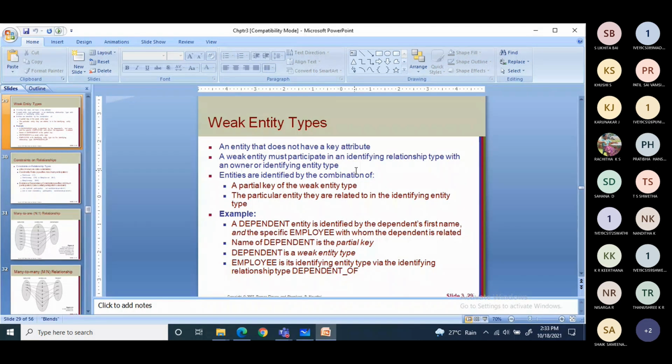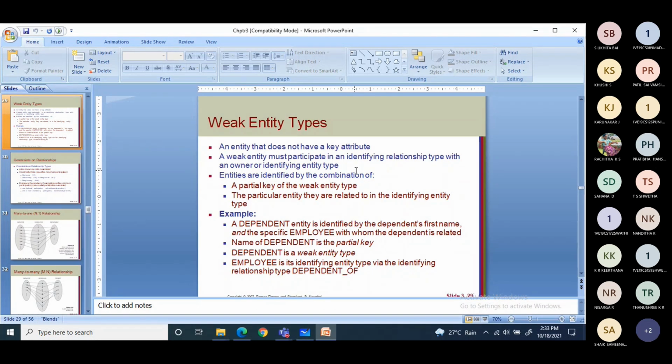The best example is dependent, as we discussed in the previous classes. Employee may have a dependent, but the dependent may not have its own identity; the employee is the identity for the dependent.